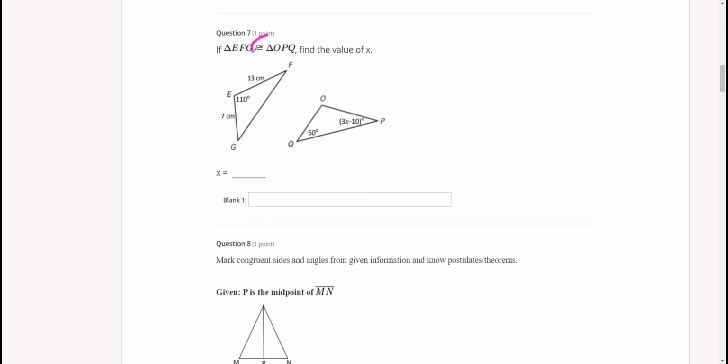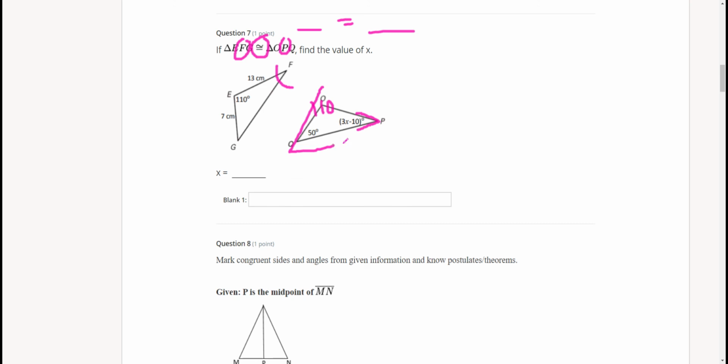So 7 has that congruent symbol. With congruent, you can have one thing equal another thing, right? No proportion necessary here. So find the value of x. I need to know something about angle P. So angle P goes with angle F, but I don't know what angle F is. But I know E is 110, so I can put 110 in here.